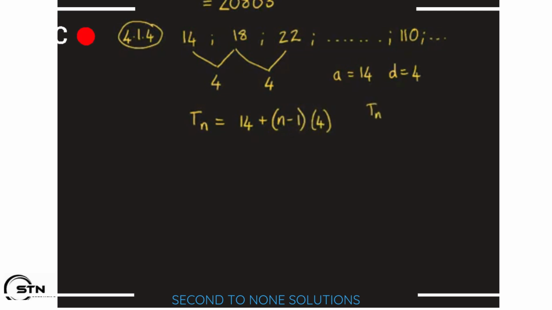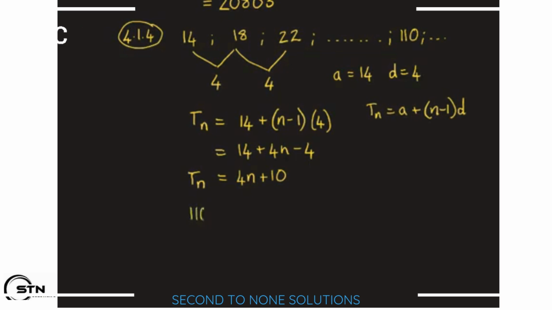And remember, this comes from the linear number pattern formula, or arithmetic sequence at least. So like that. And let's simplify. So 14 plus 4n minus 4 will give us 4n plus 10. So we want to know which term number would have a value of 110.